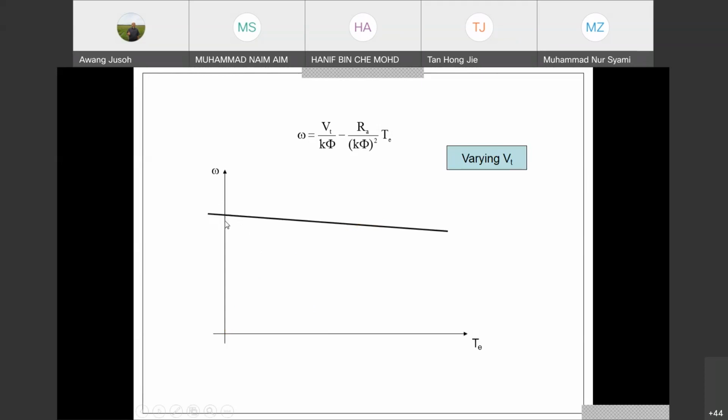The motor shaft is free running, not connected to any load. No load means torque equals zero. So at this point, torque equals zero. This is your no load speed.